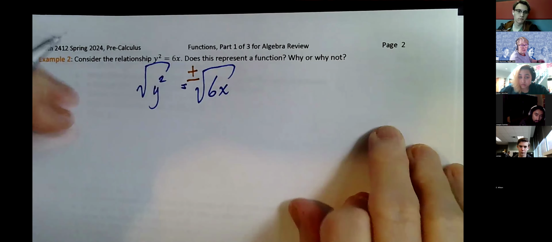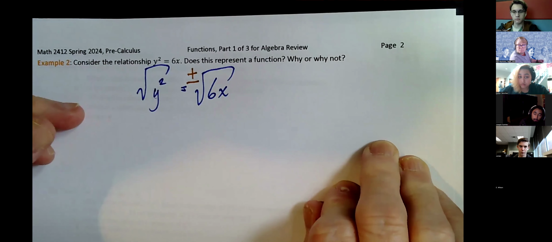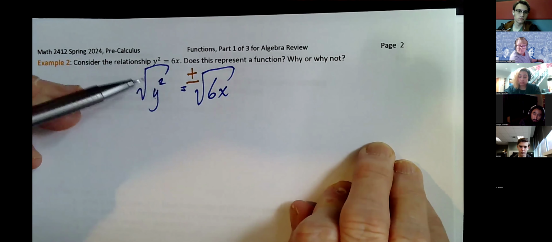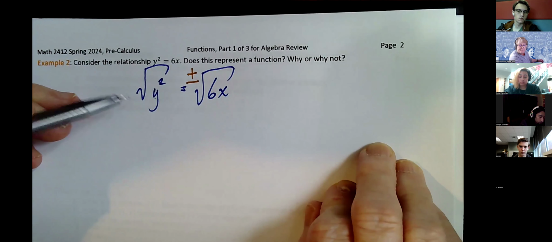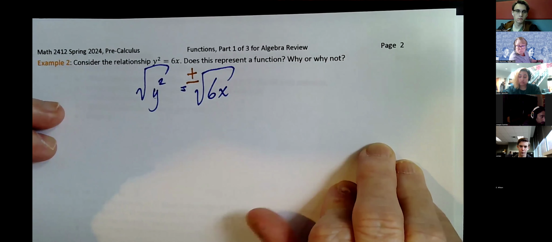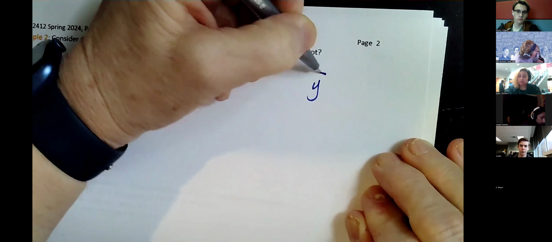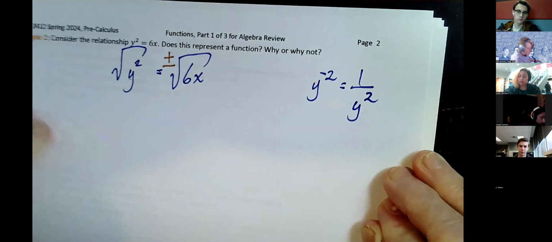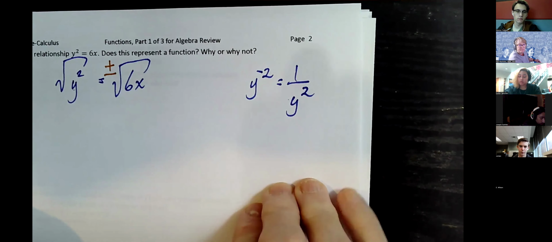Oh, here's just something fun. What exponent is square root? 2. Squaring is 2. It's almost 2, but not quite 2. Square root. Isn't it negative 2? So if you had y to the negative 2, that would be 1 over y to the second. So negative exponents are fractions.